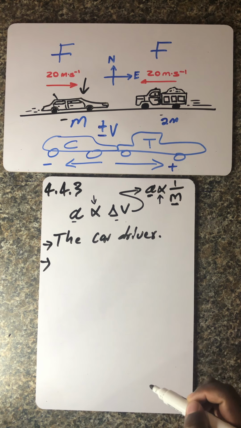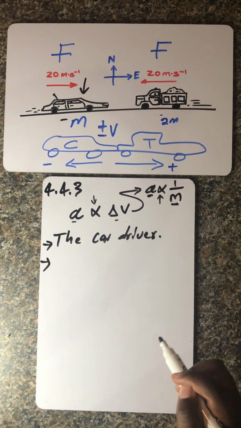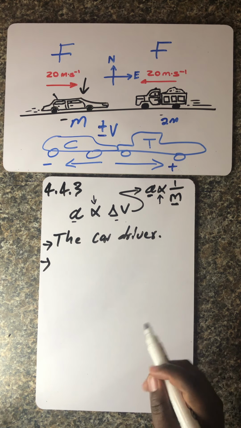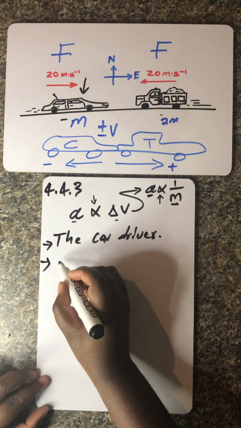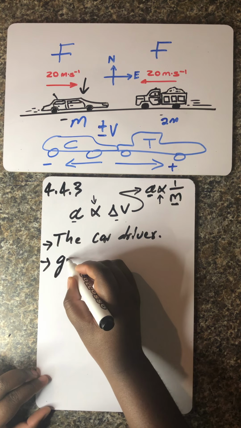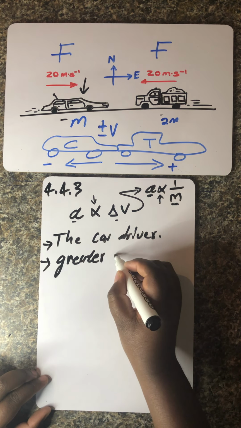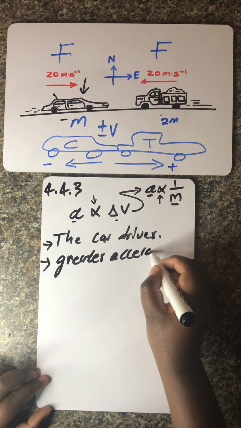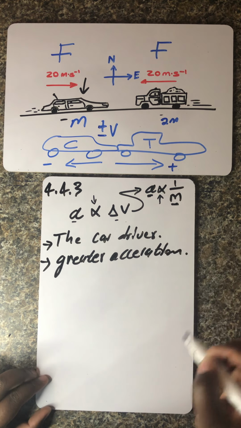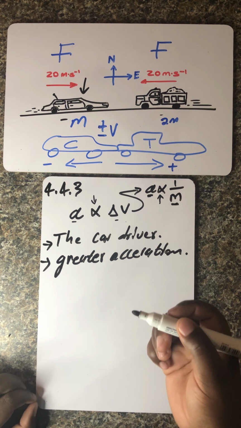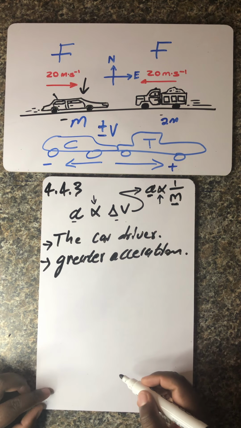Okay, very, very much important, ladies and gentlemen. Why? It's because the car has got greater acceleration. So you can just say the car has got greater acceleration. So that means injuries come as a result of greater acceleration.